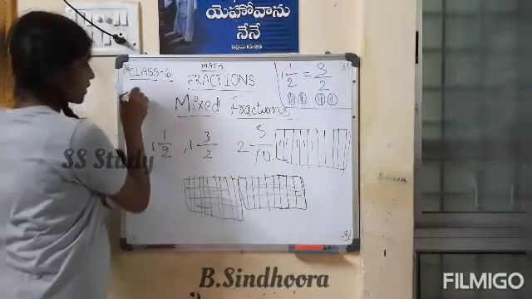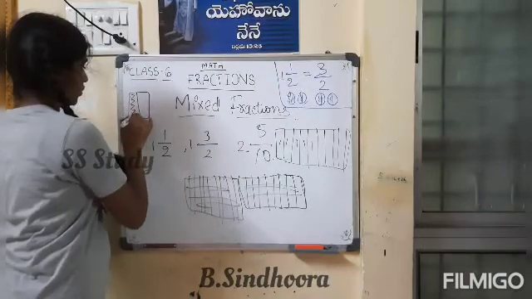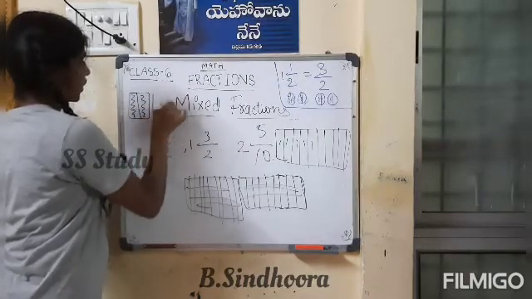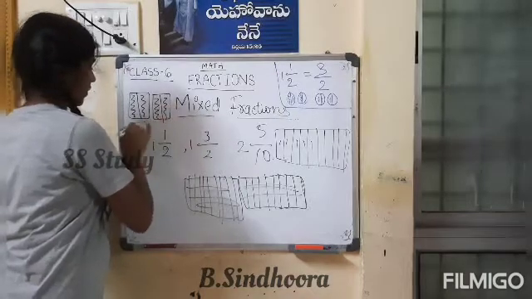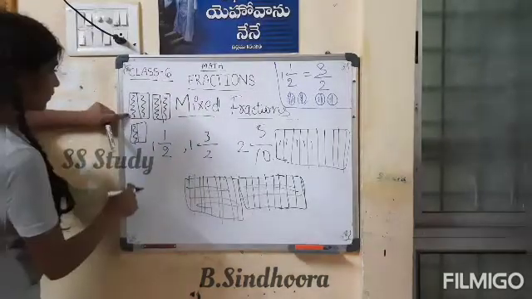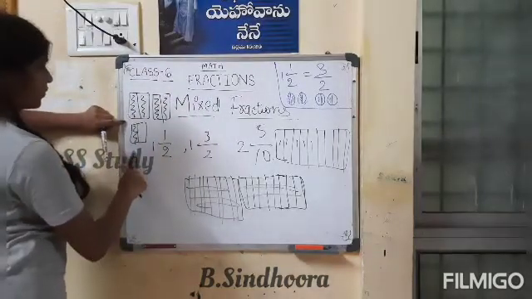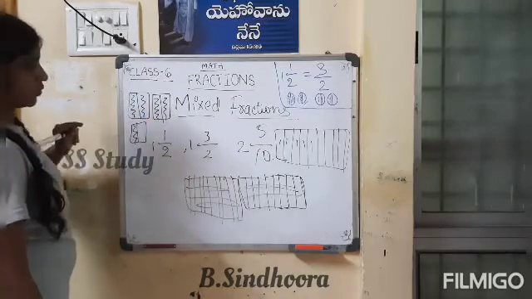1 3 by 2 means 1 wholly shaded. And because 3 by 2 is an improper fraction, you need to convert. So 1, then 1, 3 by 2.